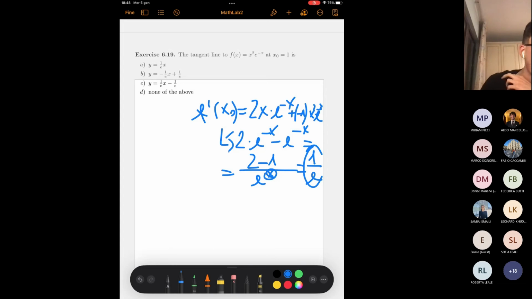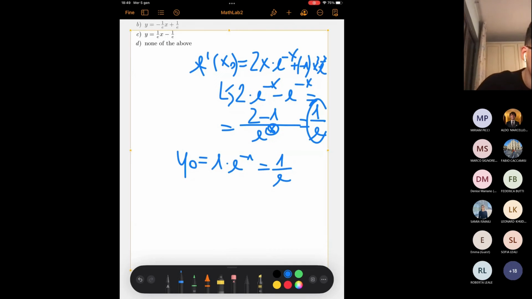But now we have also to understand which is the value we have to calculate. So if we want to calculate y0, it's simply equal to the value x0 inserted inside the function. So we just put 1 inside the f of x function, and so it's equal to 1 times e to the minus 1, so also here we have 1 over e.